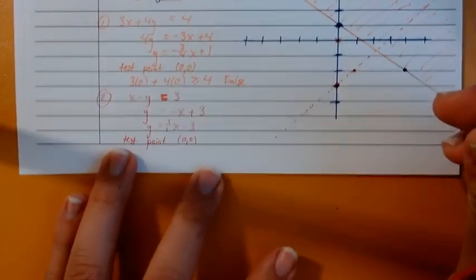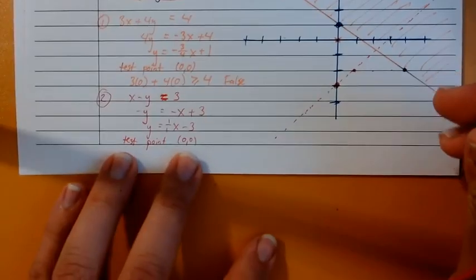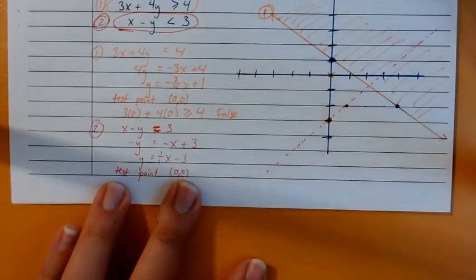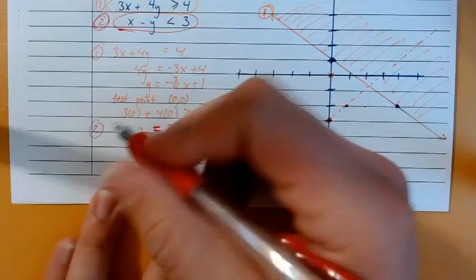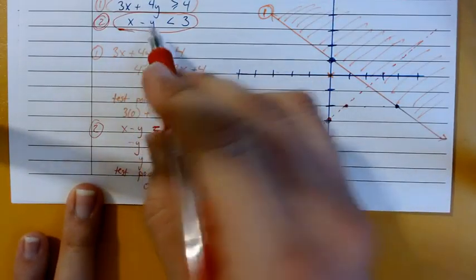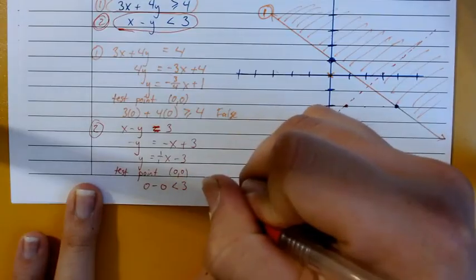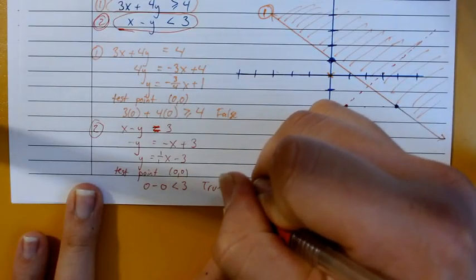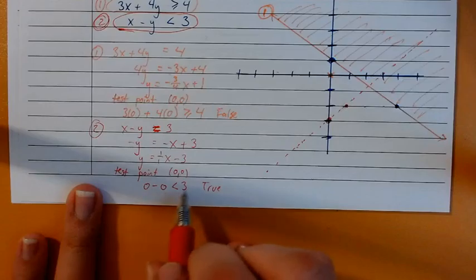So now if my test point is 0, 0, we're going to substitute in zeros into the inequality. Right here, 0 minus 0. 0 minus 0 is less than 3, which is true. And 0 is less than 3.